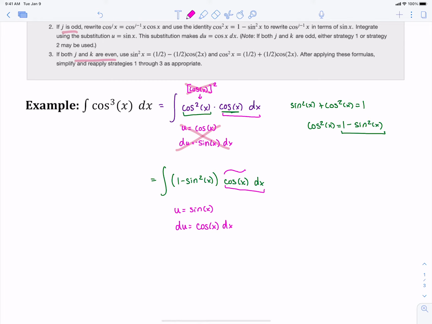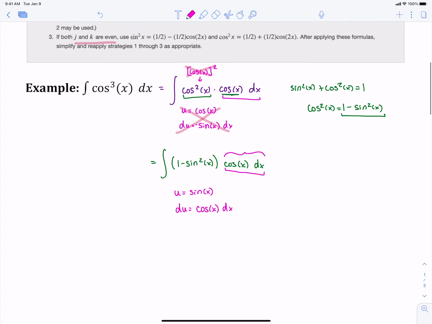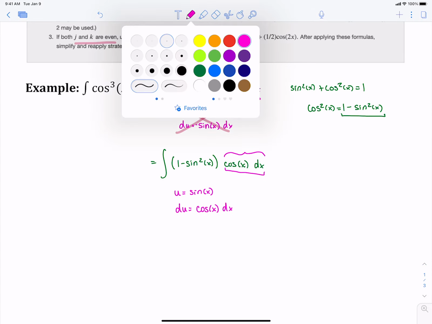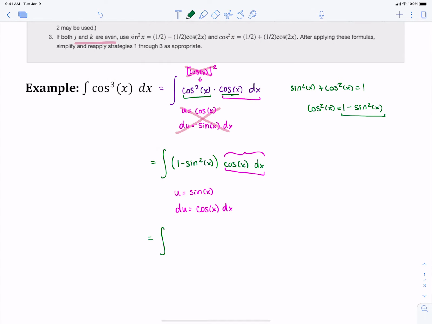And so we're trying to leave sitting here what the derivative of our substitution is going to be. So now if we do our substitution, we're going to have 1 minus u squared, by plugging u in for sine, so we need to square it, and then cosine of x dx, that is du, and this is definitely an integral that we know how to do.